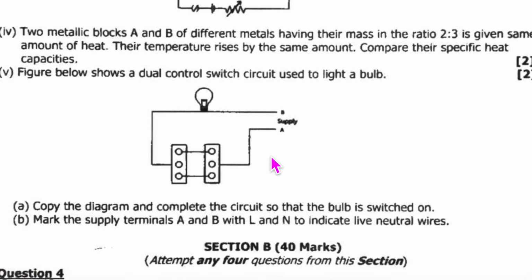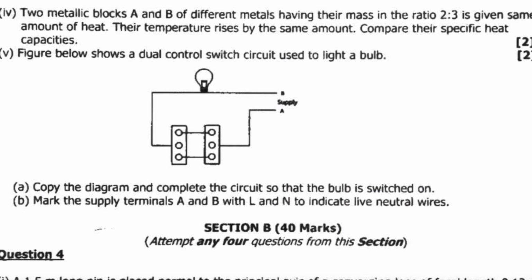Once again, sorry. Now, two metallic blocks A and B of different metals having mass ratio 2:3 are given the same amount of heat. Their temperature rises by the same amount. Compare specific heat capacities. Now, when they tell you the comparison, write case 1 and case 2. This is your question 3, fourth subpart. You write your M1 as 2M, M2 as 3M.